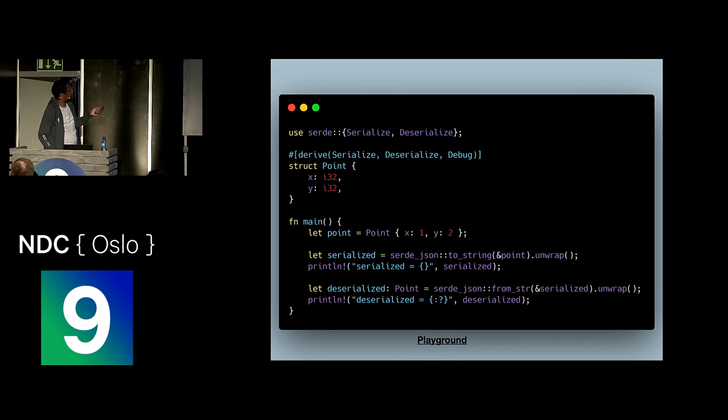Essentially, this is a library that provides these 2 implementations, behaviors, and as long as you have a struct, you can mark it as being serializable, deserializable, and from that you essentially get a free way to do serialization either into JSON, XML, or whatever.